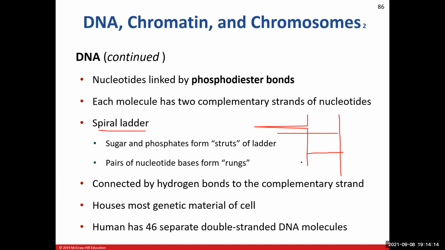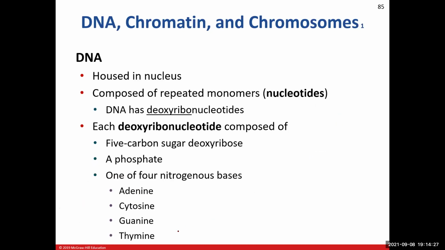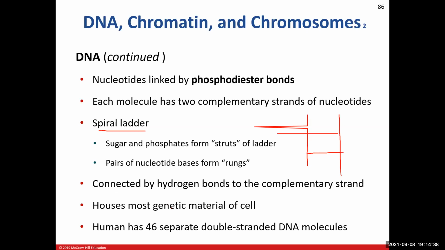So when we're talking about the struts, the side of our ladder, that is going to be made up of that sugar molecule and the phosphate molecules. And then the rungs are going to be any one of these four nitrogenous bases bonded to another nitrogenous base by a hydrogen bond.